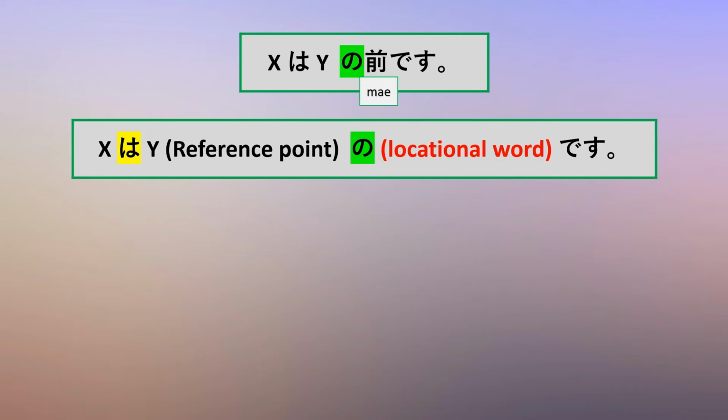Then, to add the location word, after, behind, to the right, to the left, we use the particle no. So, X, Y, reference point, no, location word, then desu.